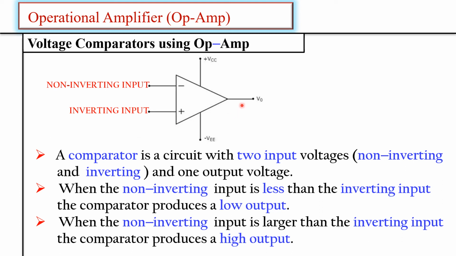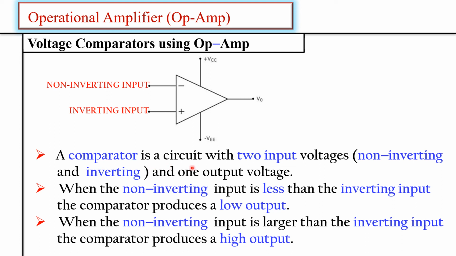So it provides two states. When the non-inverting input is higher than the inverting terminal, we get a high output, and when the inverting input is higher than the non-inverting terminal, we get a low output. That is nothing but a comparator.